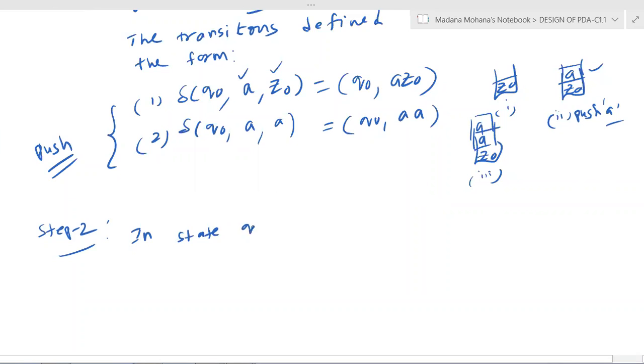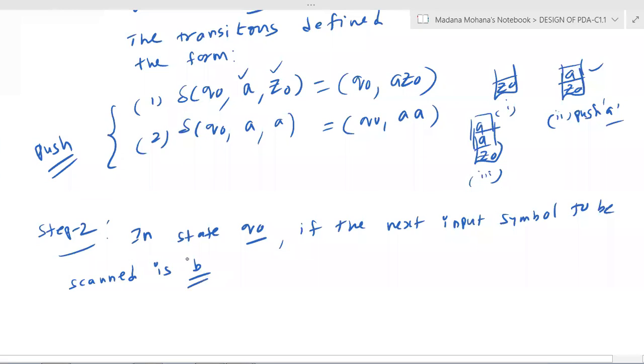In state Q0, if the next input symbol to be scanned is B, now our input is B. Then whenever the input is B, you check that the top should contain a corresponding A. And if the top of the stack is A, what do you have to do?